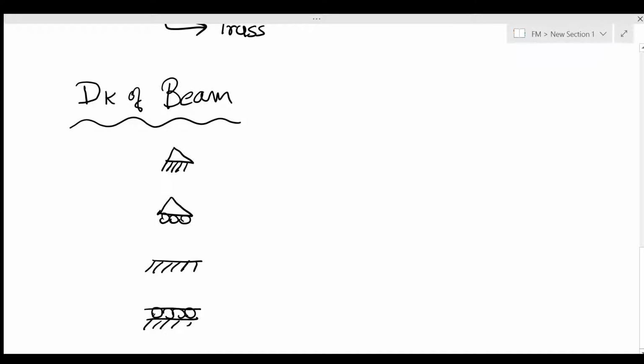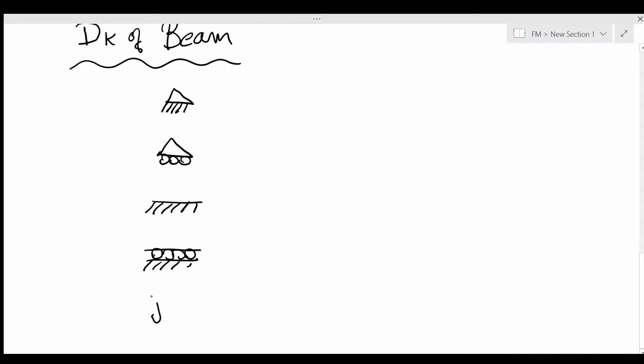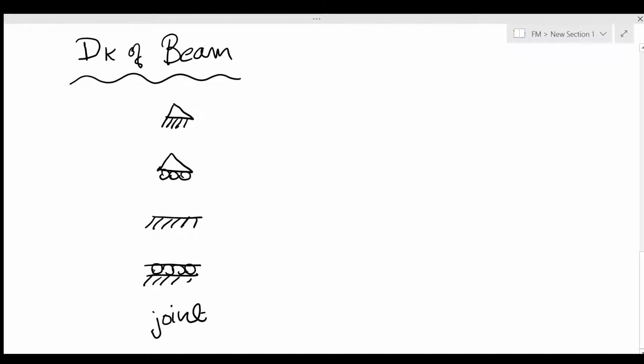So these are the various supports that exist in a beam, but generally we will have only these four supports, and there will be joints too.